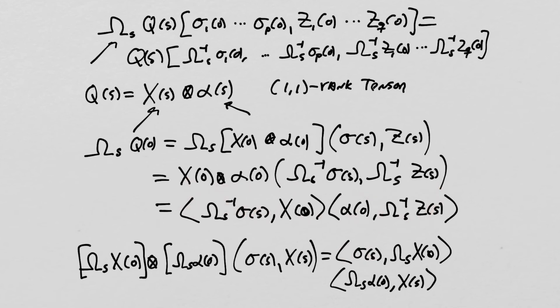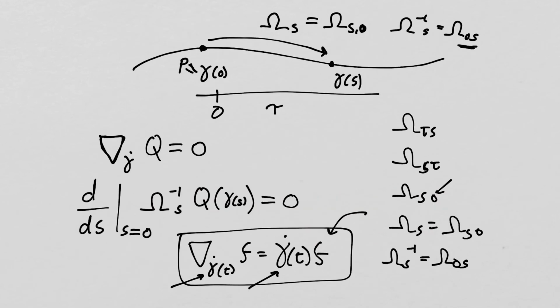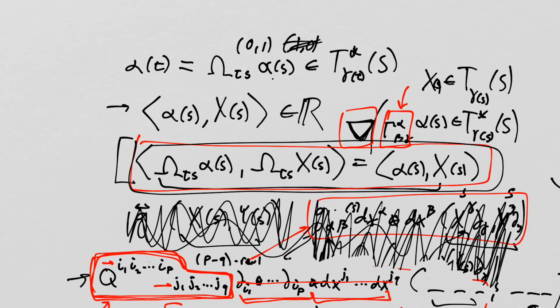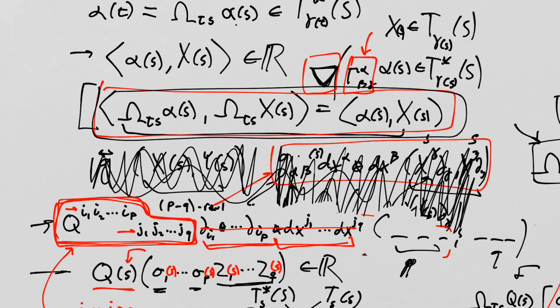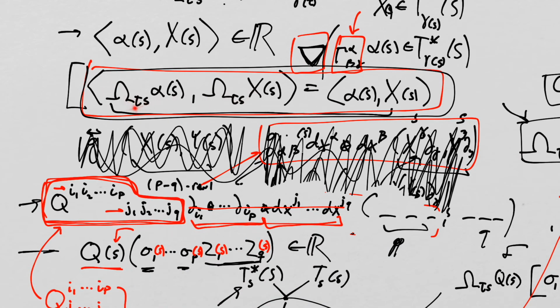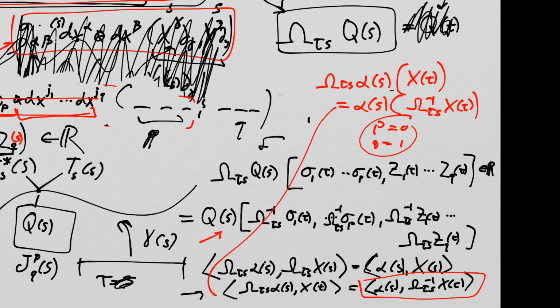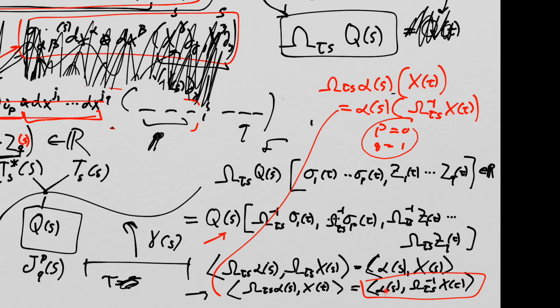But we already know how this works for covectors. We've demonstrated it before. Where did we do this demonstration? Right here, right there. We're demanding this parallel transport doesn't affect this inner product, and I think I wrote it down here also, right?